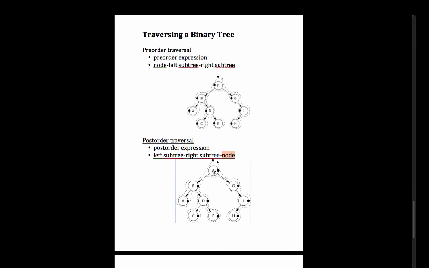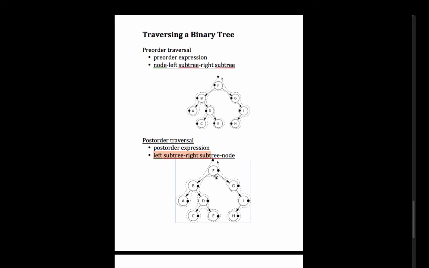In that way, the two traversals are the opposite of each other. Here, the first node in pre-order traversal, the first node that we process or revisit is the root, because pre-order means first the node, then the subtrees. On the other hand, in post-order traversal, what we do is first the subtrees and last the nodes.